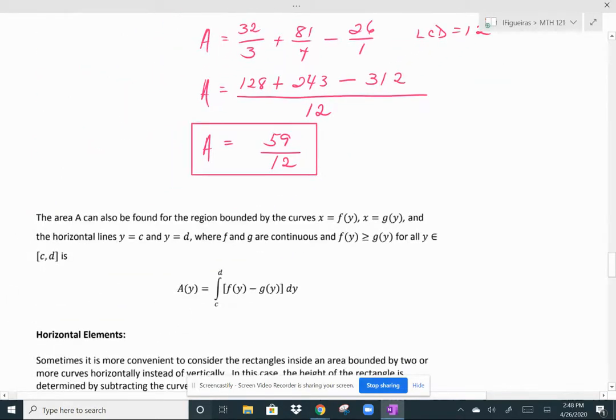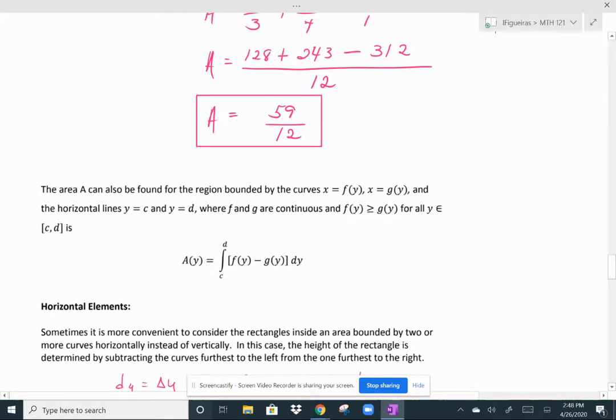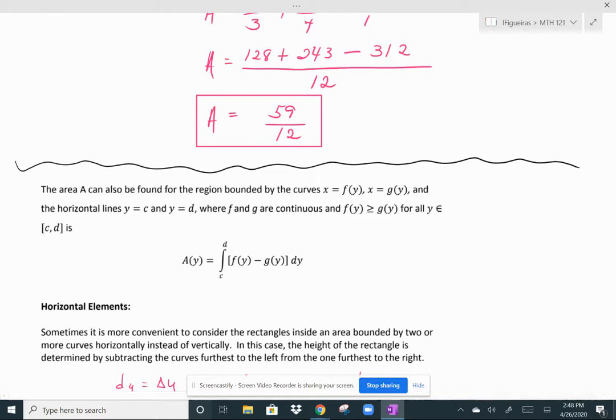Okay, so now we're going to look at this from a different perspective. This will be considered horizontal elements. So you can find the area of a curve when you express your equations as functions of y instead of functions of x.